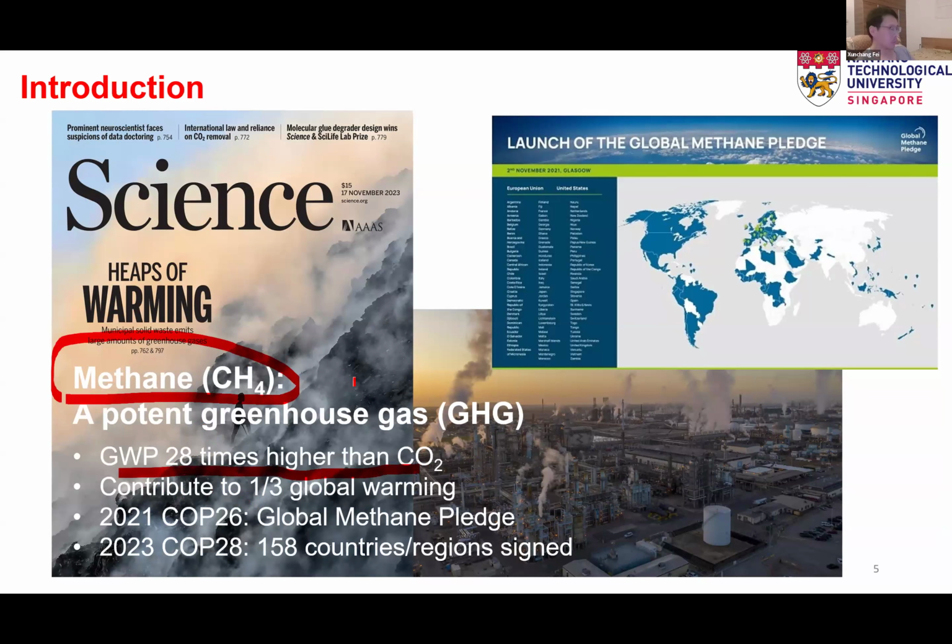Recently, there is a very rapidly growing interest in methane, because we know that methane contributes a lot to global warming, just after CO2.